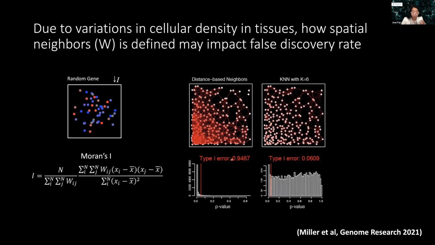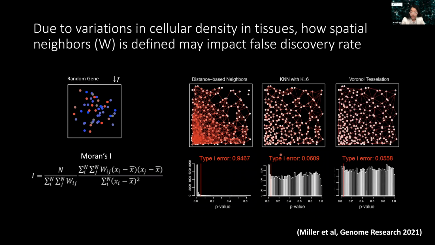Likewise, if we choose neighbors based on k nearest neighbors, depending on what k we choose and the extent to which our cells vary in their densities, we can again get a very inflated type 1 error rate. However, by defining cell neighbors based on Voronoi tessellation, we end up with a much better uniform null distribution, which gives us the expected type 1 error rate.